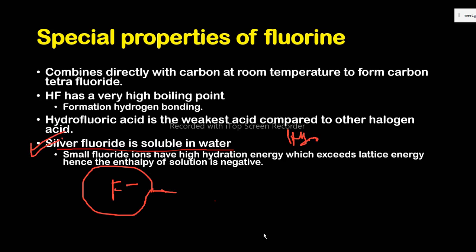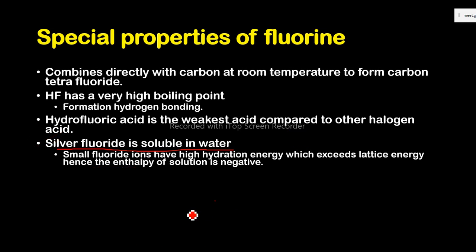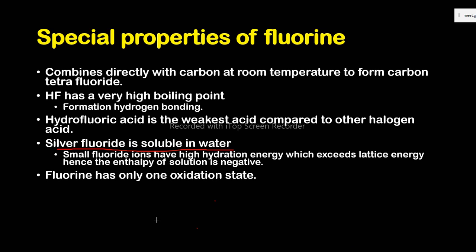So the rest is just normal business. There is nothing different here. Fluorine has only one oxidation state, only 1, whereas the rest of the members have variable oxidation states. For example, haven't you ever seen such compounds?